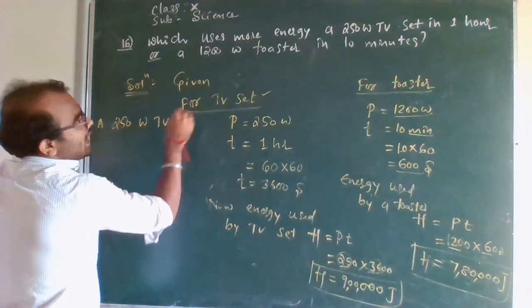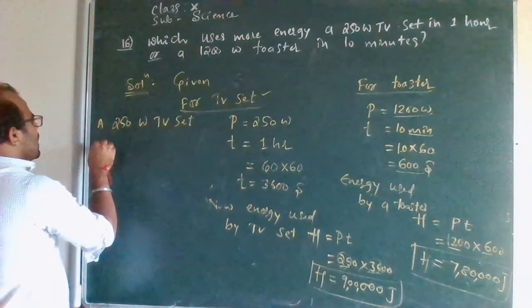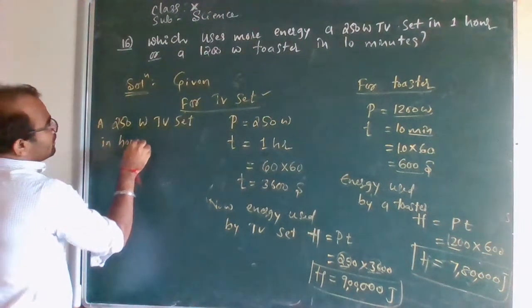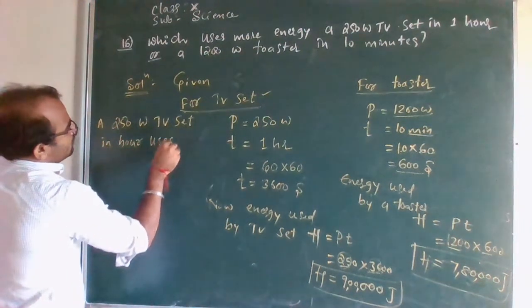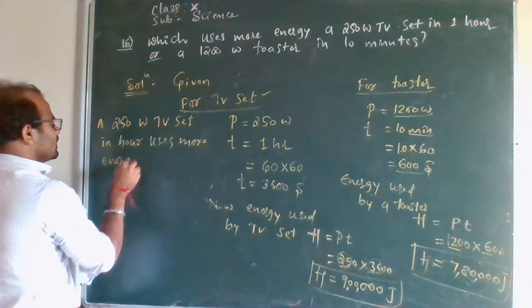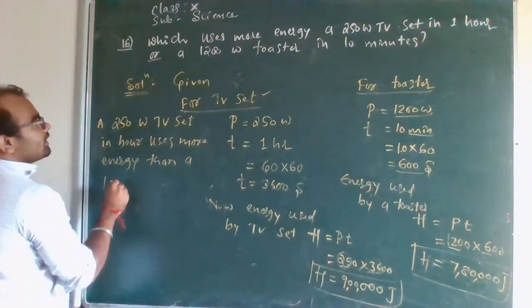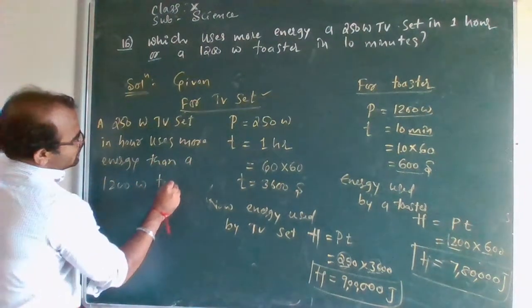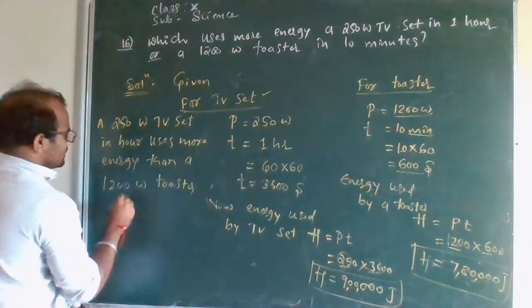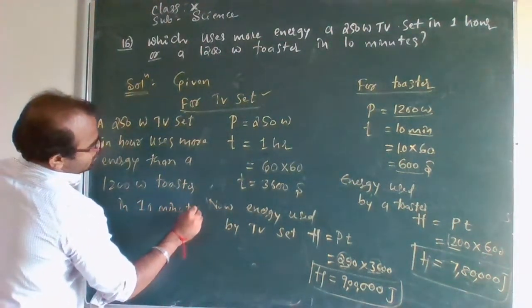A 250 watt TV set in 1 hour uses more energy than a 1200 watt toaster in 10 minutes. So this is the conclusion, and for this also there is a mark.